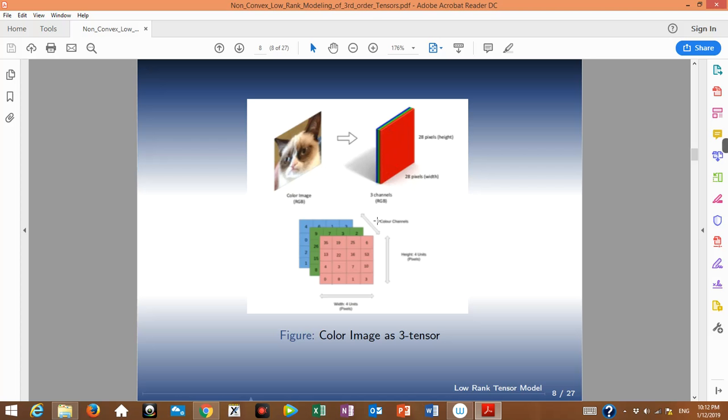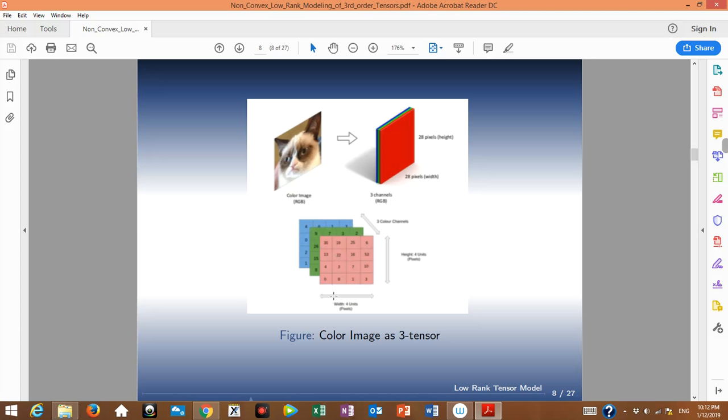So it is very natural to represent a color image as 3 slices of matrices, and those 3 slices construct a third-order tensor.